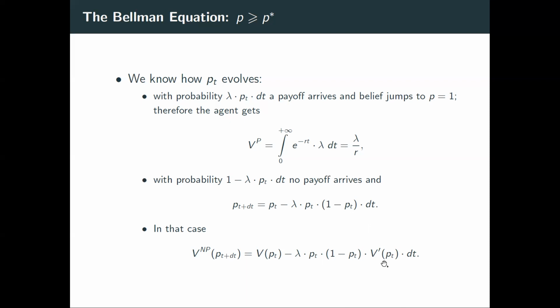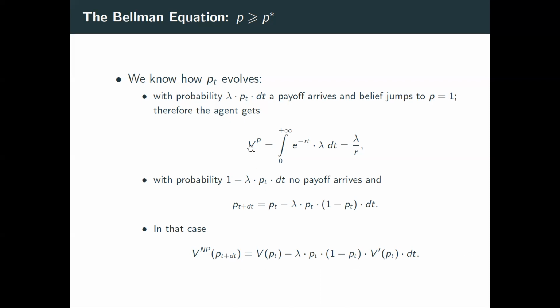Again, we just use approximations up to the first order. If you use the normal Taylor rule, you will have second order terms of dt and so on. But again, we use the fact that dt squared is equal to 0, and therefore we do not have any terms of the second order.